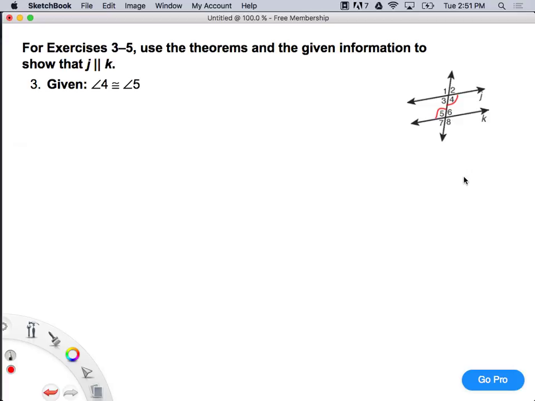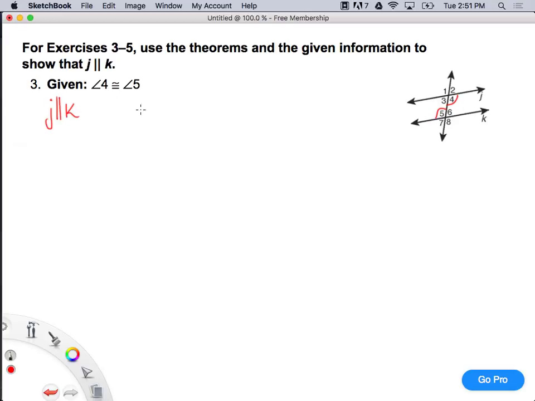Alternate interior. They're on the inside and the alternate sides of the transversal. If those two angles are congruent, what do I know about those two lines? They're parallel. So line J is parallel to line K.